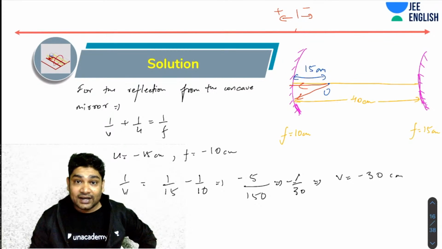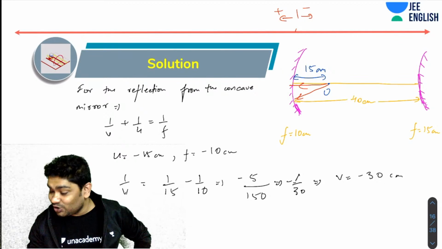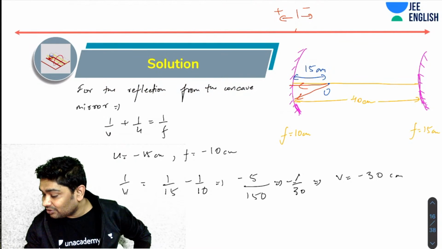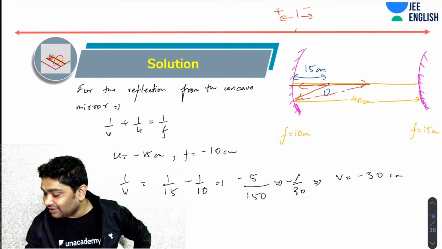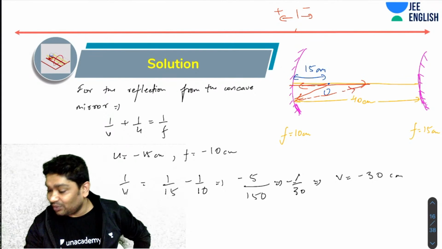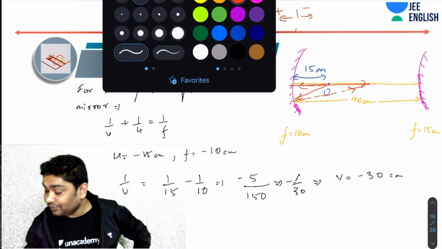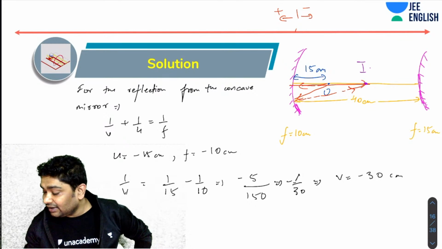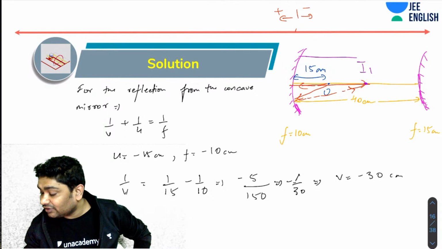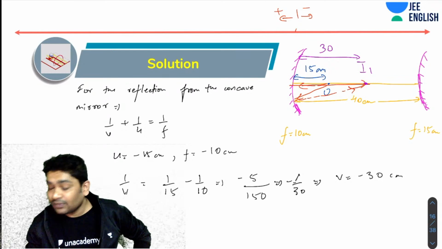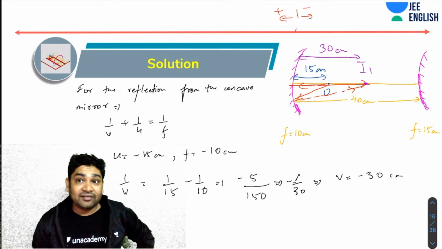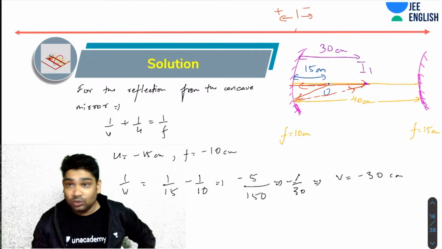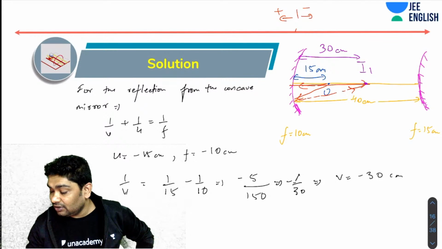So which means where does the image form? The image you realize will be formed where this gets reflected and this gets reflected. And that is where the image is going to be formed. So let's call the image I1. So you realize I1 is formed here, at a distance of 30 from this mirror. Now this image will behave like an object for the new mirror 2. So this is M1 and this is M2.